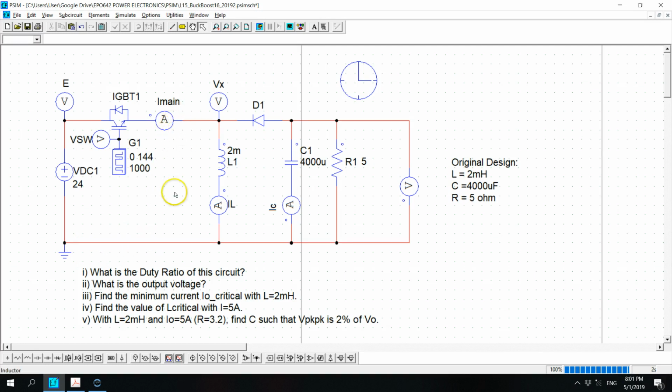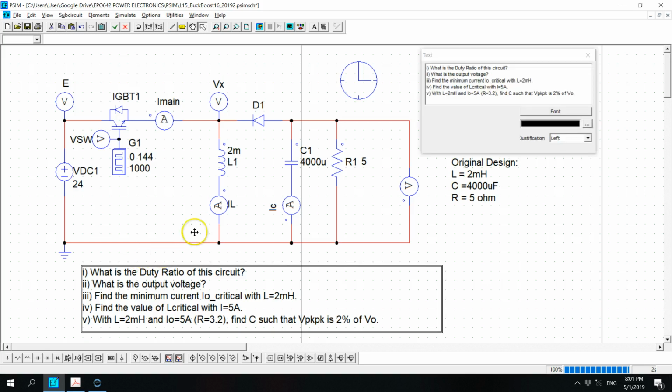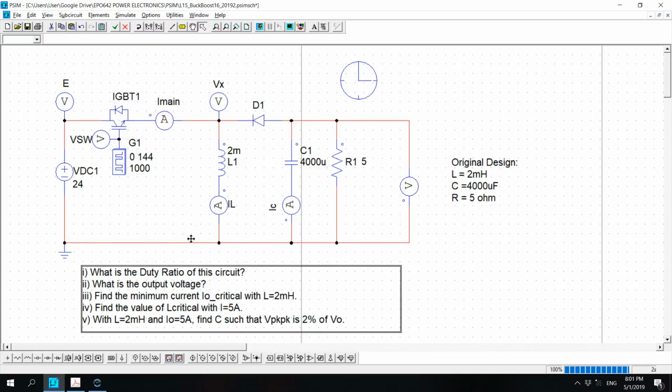We want to design the circuit such that the output current is 5 ampere. And finally, with L equals 2 millihenry and I naught equals 5 amp, find C such that V peak to peak is 2% of V out.